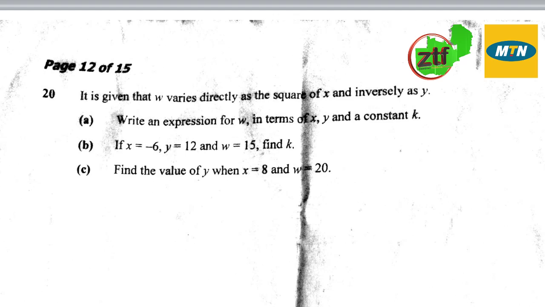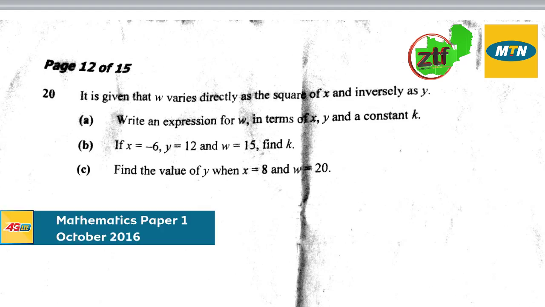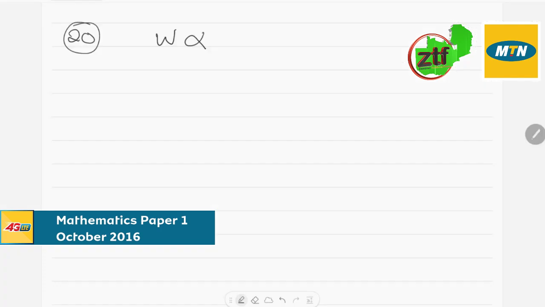So translating the statement into a mathematical statement, we'll have W varies, so that is the symbol of variation, directly as the square of x, which is x squared, and inversely as y.